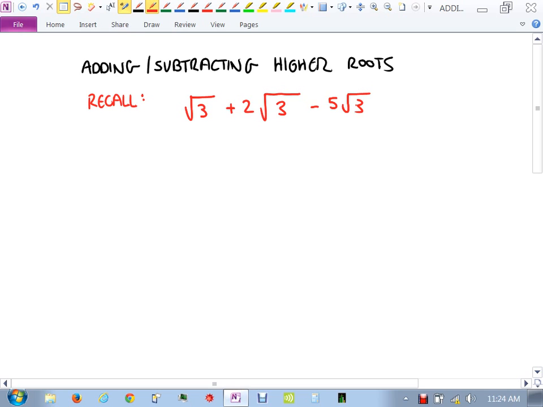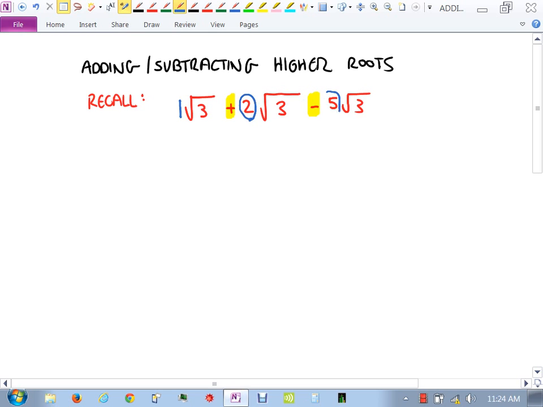Well, we're trying to add and subtract, right? Roots. You can only add and subtract roots if what? Yeah, if what's underneath them is the same, right? If the roots are the same and what's underneath them are the same. Are those all the same roots? Yes? So what you look at then are the numbers in front. There's a 1 in front of that first one, right? There's a 2 in front of the second one.